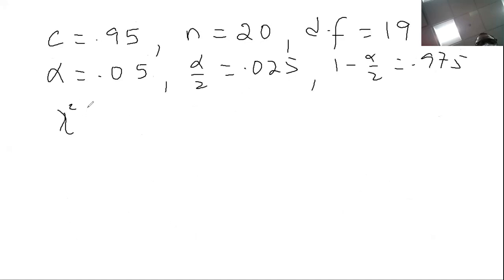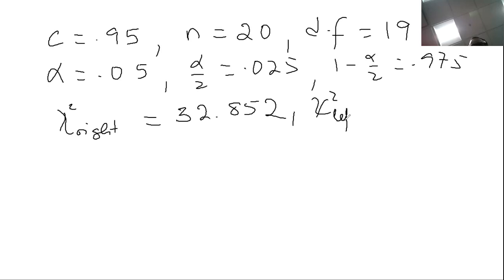So the chi-square right is what? 32.85. Is that right? And the chi-square left? 8.91. You should be able to read this from your table.